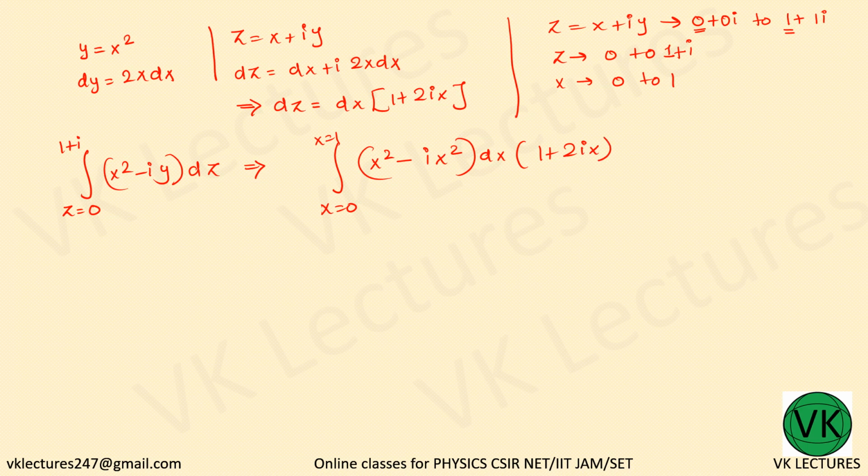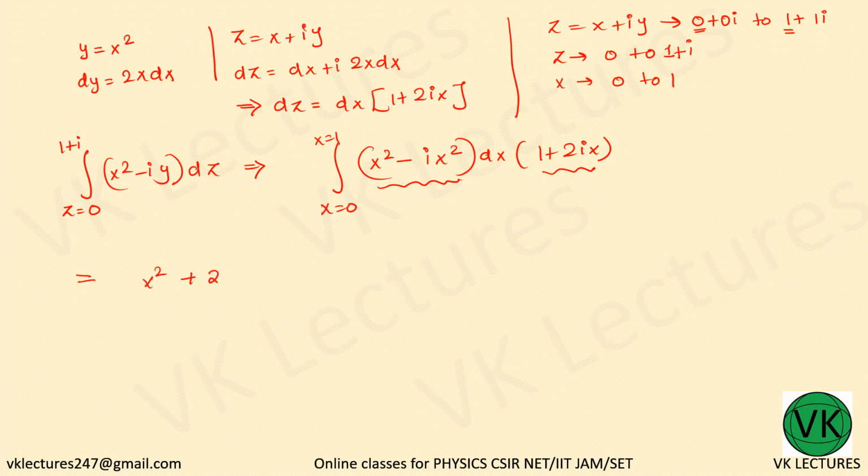Now here you can either take x square common and multiply later, but let us do the multiplication now. So let's multiply these two quantities. x square into 1 is x square. x square into 2ix is 2ix cube.